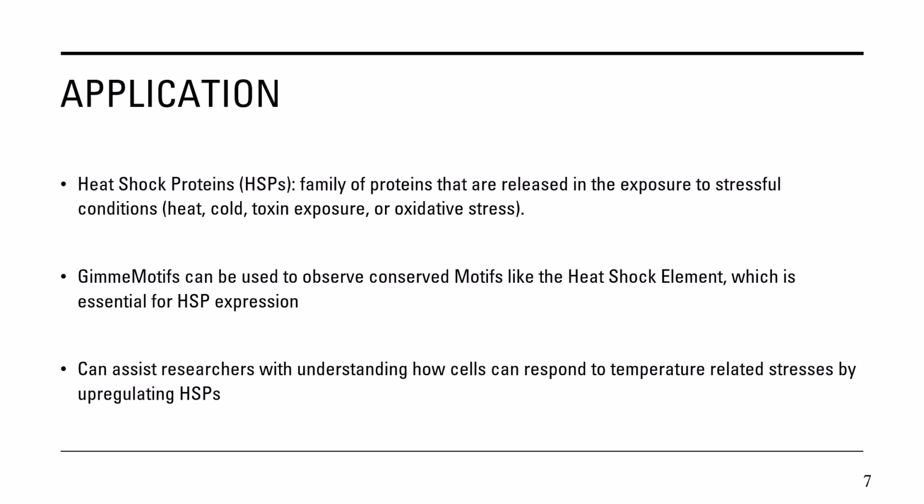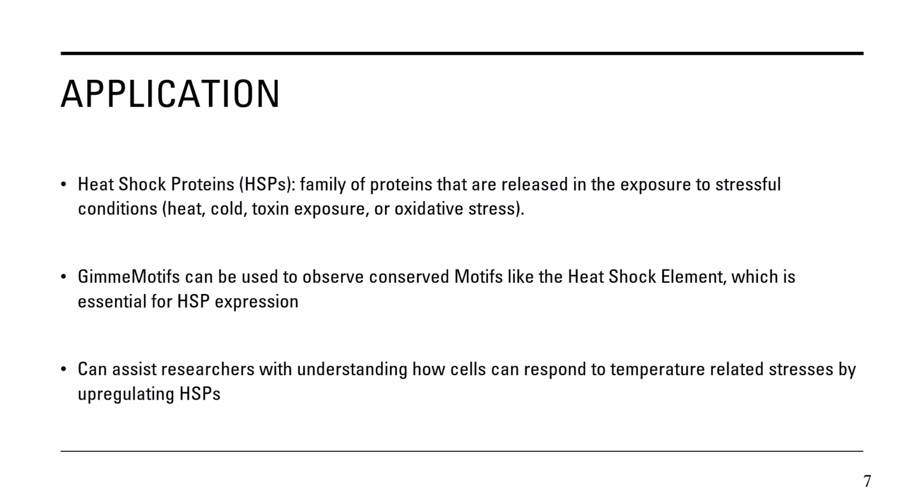So now that we've gone over some of the mathematical basis on which motif finding works, we can begin to get into some of the practical application of why this is important and where it can be applied. One case where this can be used by researchers is analyzing heat shock proteins, otherwise known as HSPs.